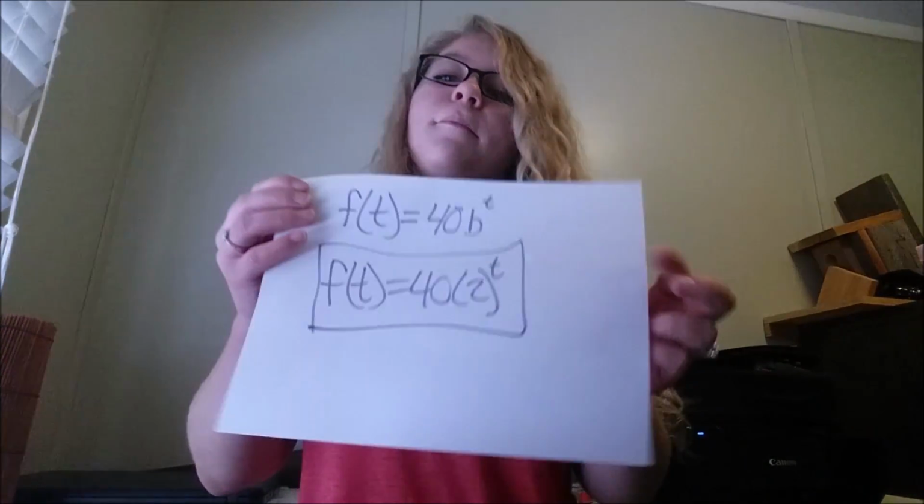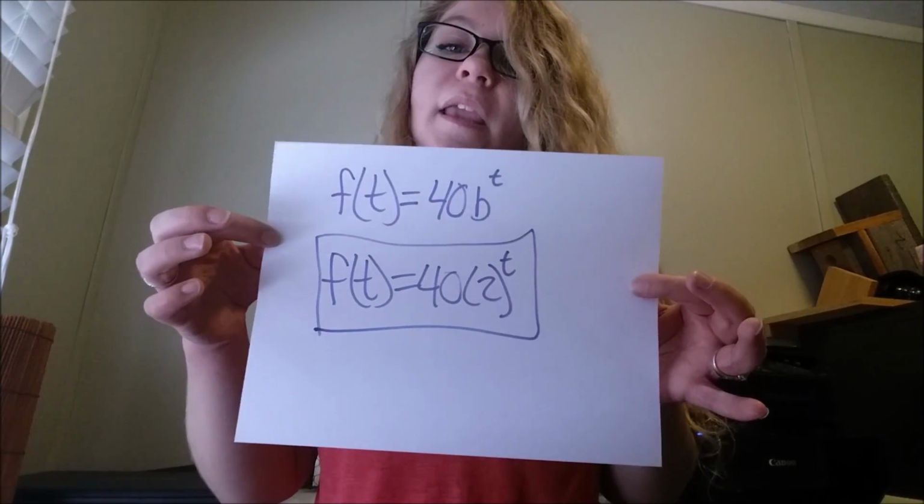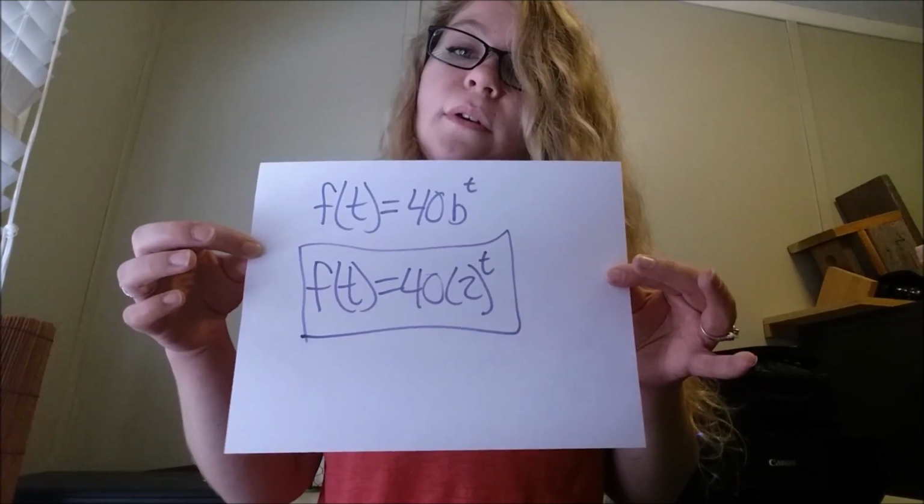And then since we are doubling it exponentially by 2, our b is going to be 2. So we are going to have f of t equals 40 times 2 to the t. And so our final equation should look just like the bottom one, which says f of t equals 40 times 2 to the t.